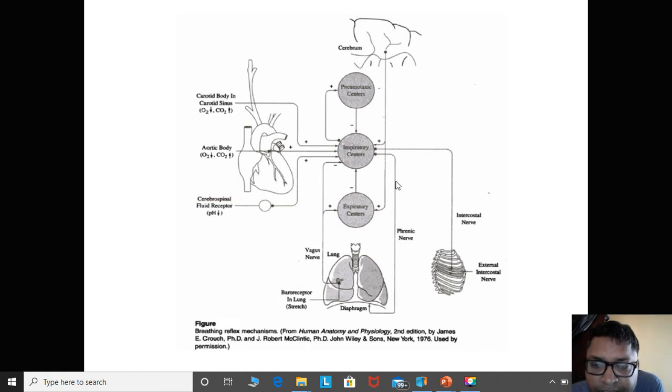When the oxygen requirement is there, the diaphragm is going to contract in this direction, and the external intercostal muscles are going to expand in this direction. When there is no requirement, the brain automatically sends a signal and these relax more slowly. When there is more requirement, they expand and relax faster. So this is all the electrical control of the respiratory system.